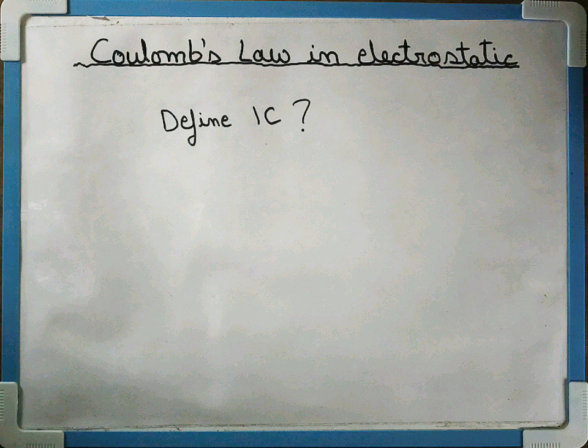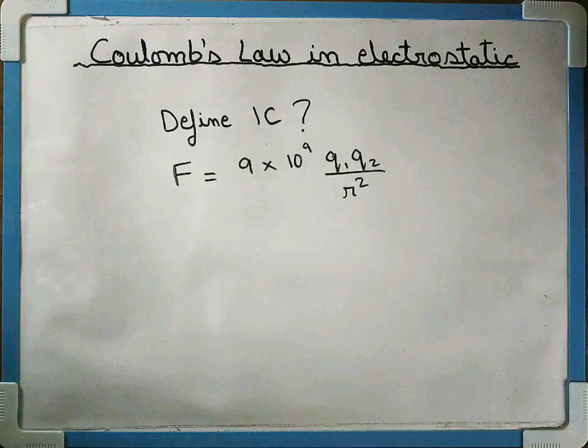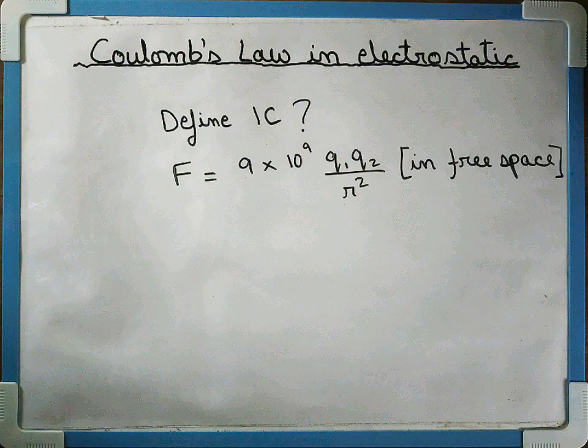Now we can also define 1 Coulomb from this Coulomb's law. We know the force of attraction or repulsion between any two charges Q1 and Q2 separated by a distance r is given as 9 into 10 to the power 9 Q1 Q2 divided by r square, provided the two charges are placed in free space or in air.